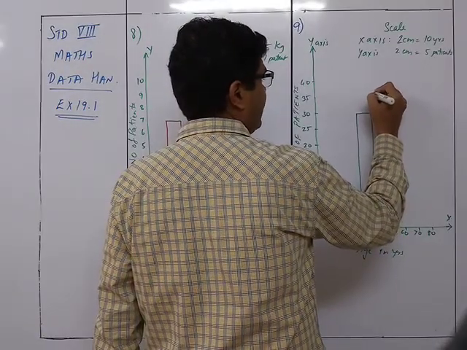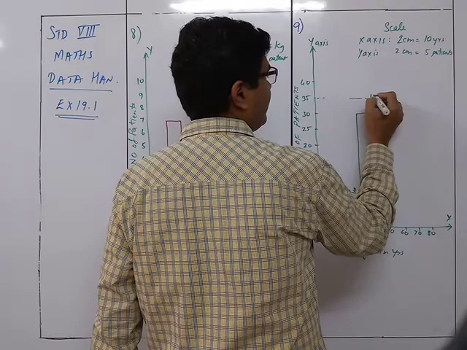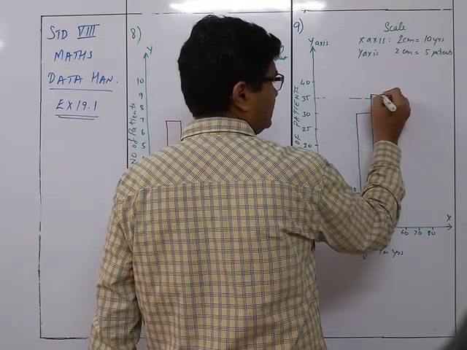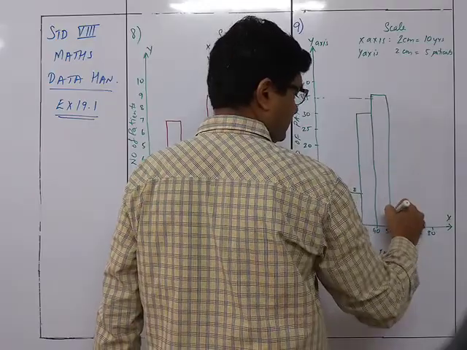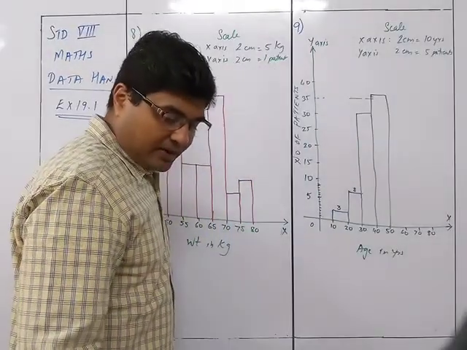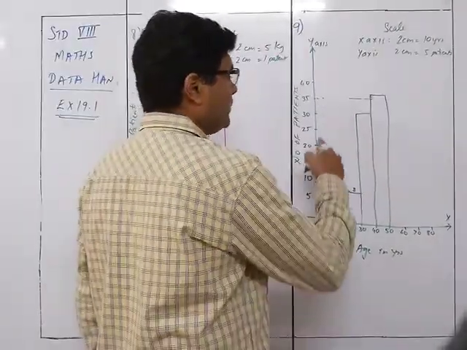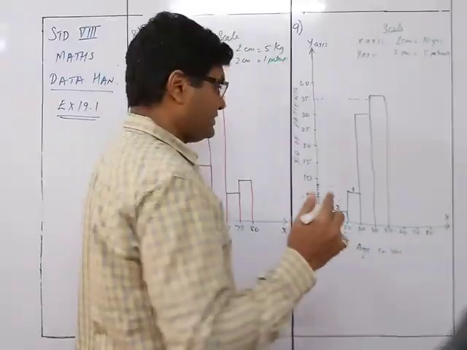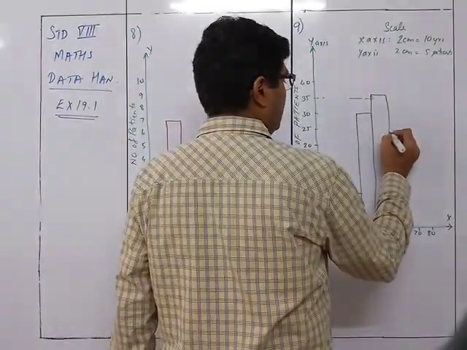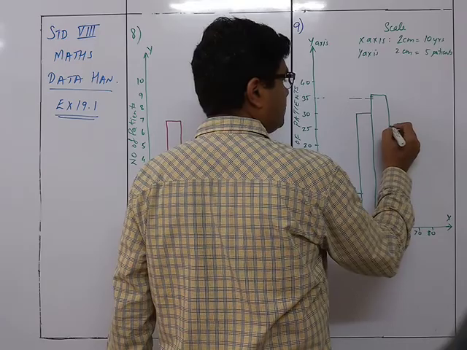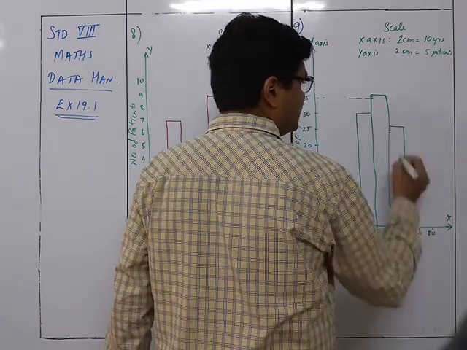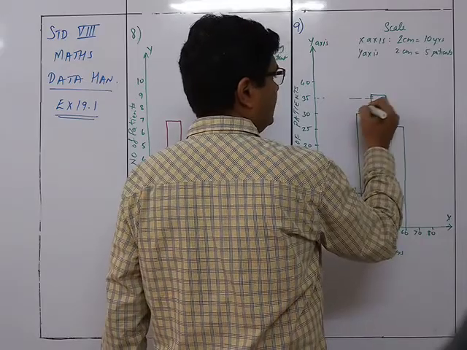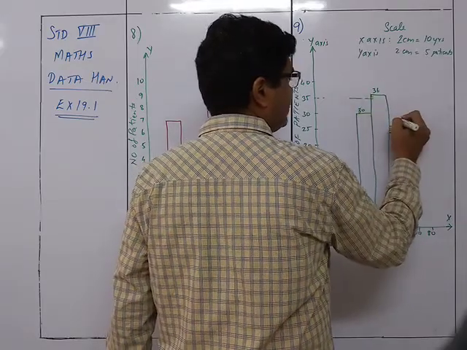So if this is 35, then one line and another line, that is 36. The next one is 27. 27 will be 4 lines after 25. So 25 is here, then 1, 2, 3, 4. This line over here will be 27. So this was 30, this was 36, this is 27.